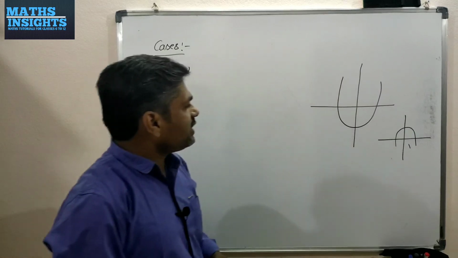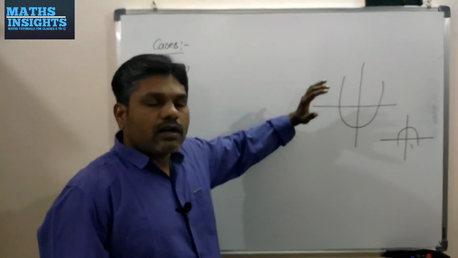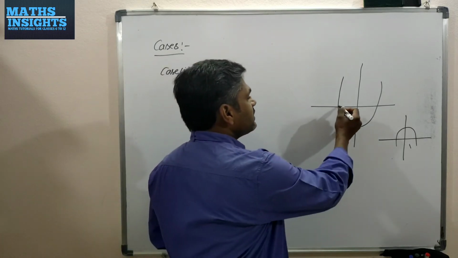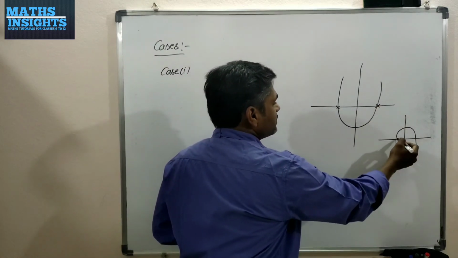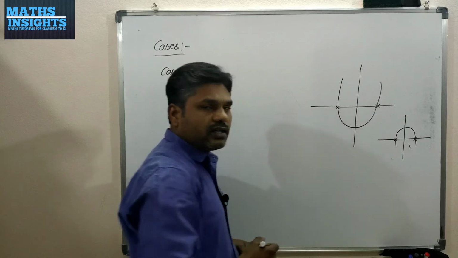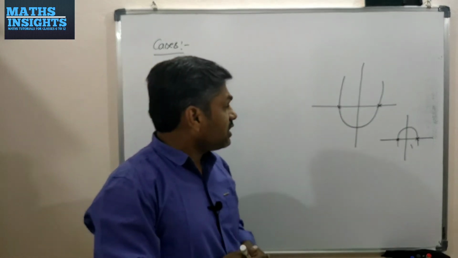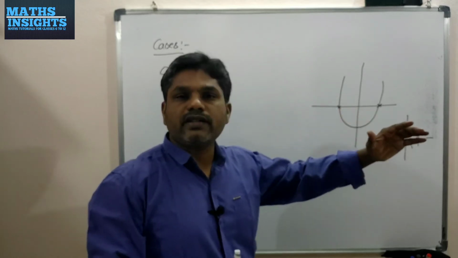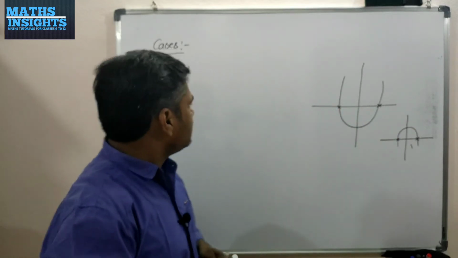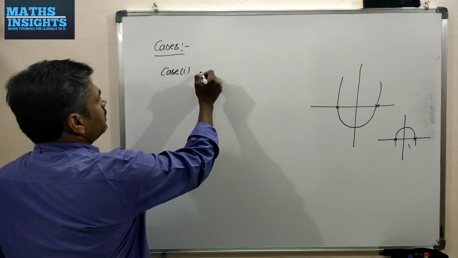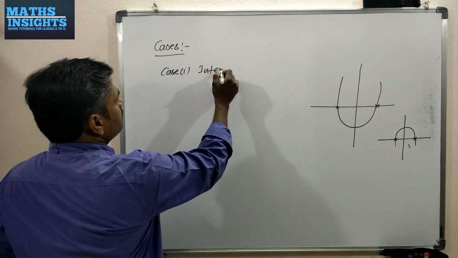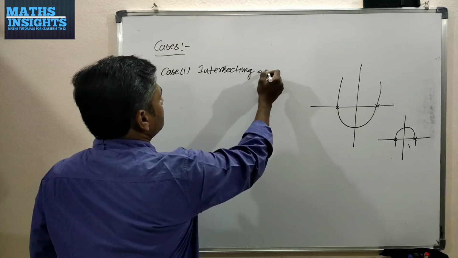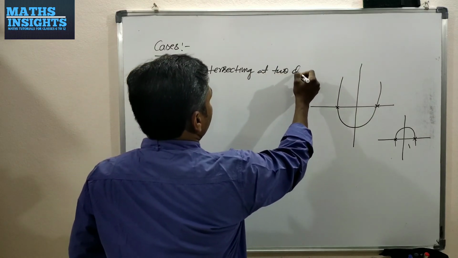In this case, the graph of the quadratic polynomial is meeting the x-axis at 2 distinct points. Distinct or different, both are the same words. You have to take the x coordinates of those 2 points as our zeros. This is case 1, intersecting at 2 distinct points.